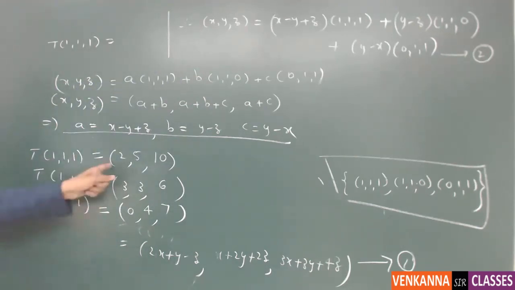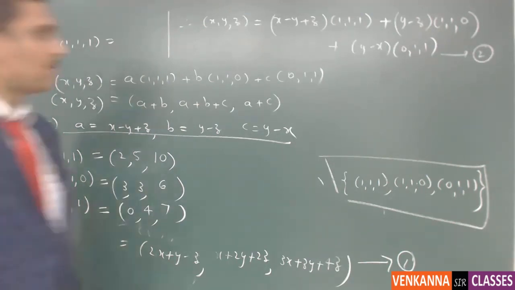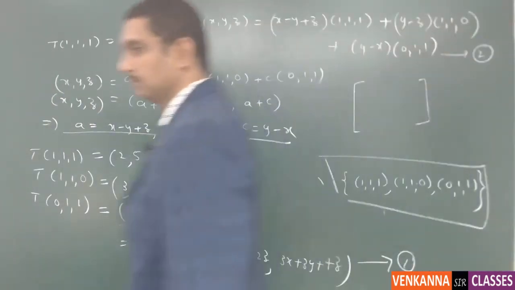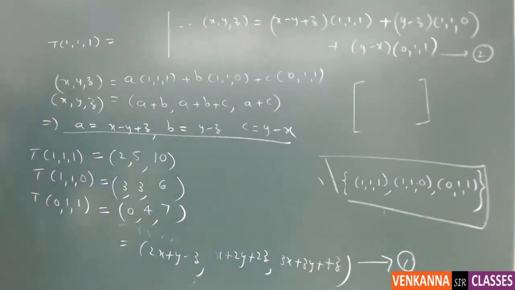So for the first image 2, 5, 10, I will apply this combination. So please tell me the scalars. I will write them on the board. The first column of the matrix, x minus y plus z, 7 minus 5, 3.